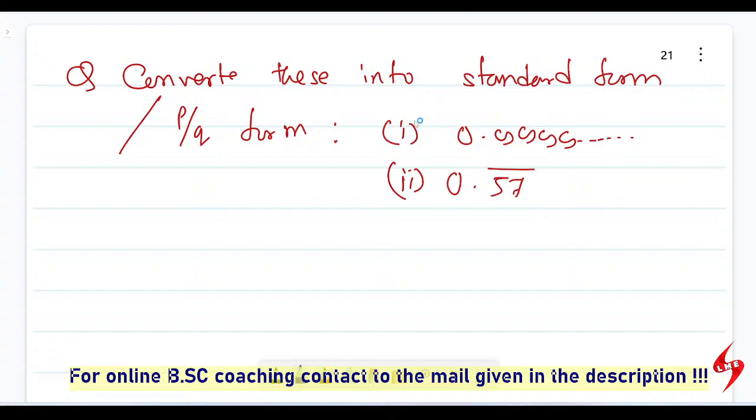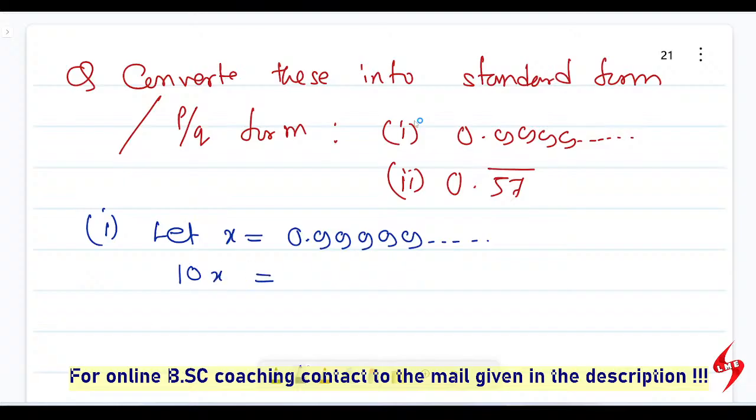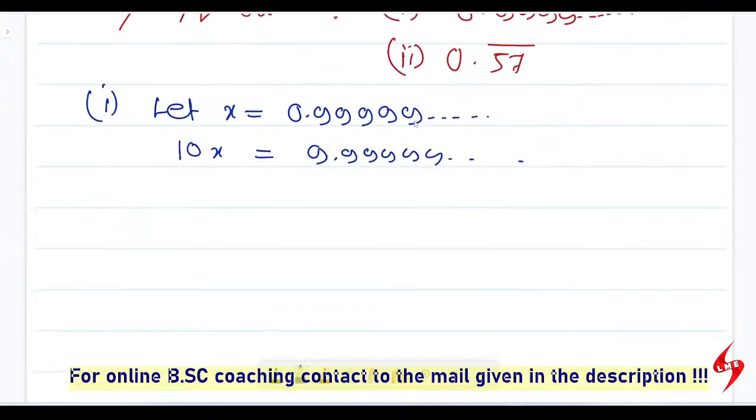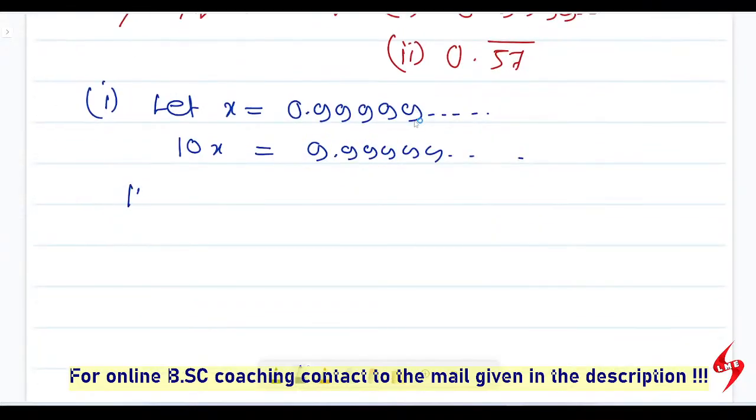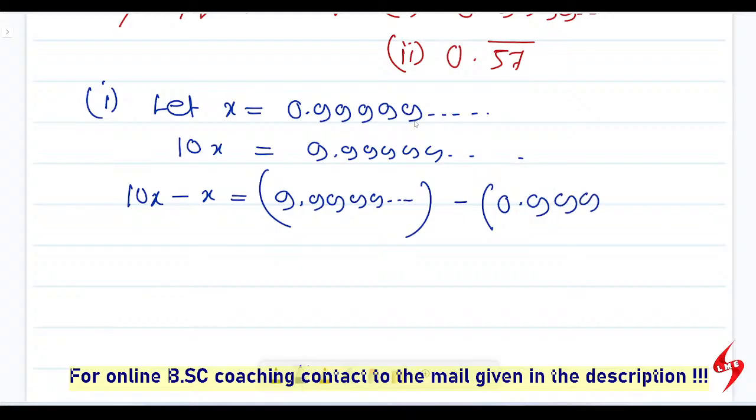Okay, let x be 0.9999 and so on. I am multiplying it with 10, so that will be 9.9999 and so on. So if I subtract x from 10x, then that will be 9.9999 and so on, minus 0.9999 and so on.